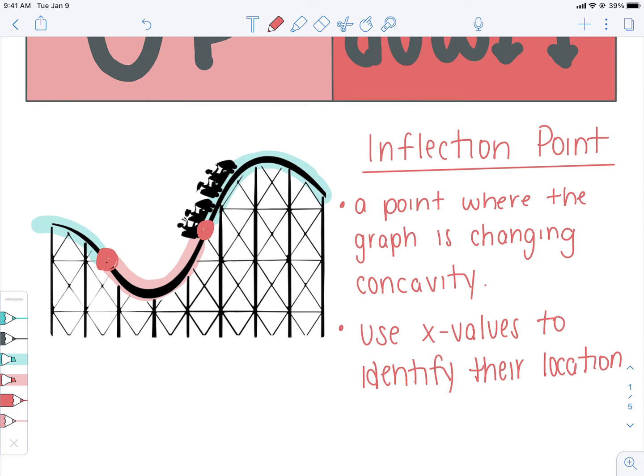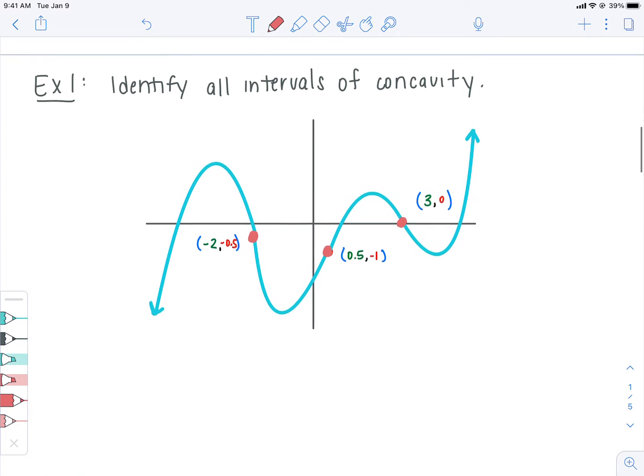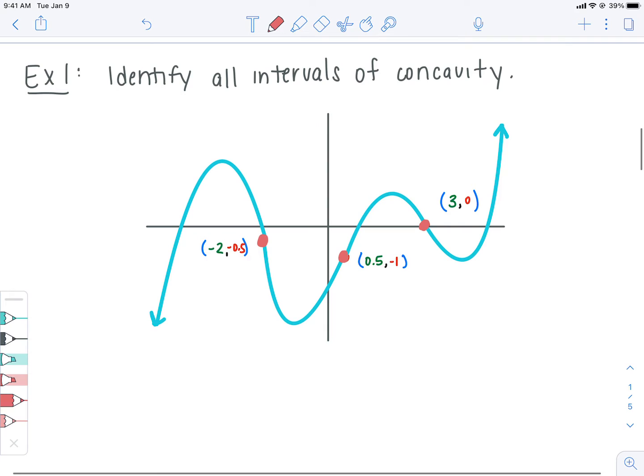Okay. So I can give you a graph and I can say identify all intervals of concavity. In order to do this, the first thing we want to pick out are inflection points.